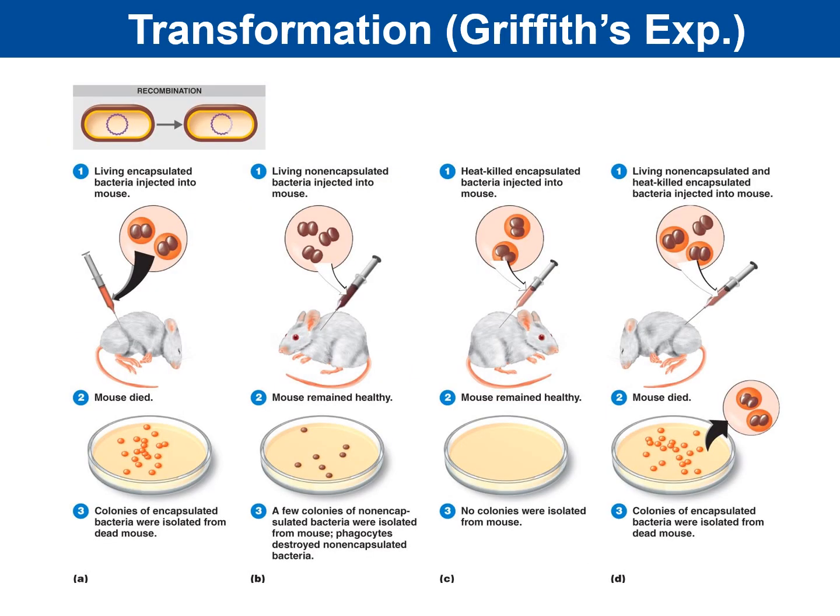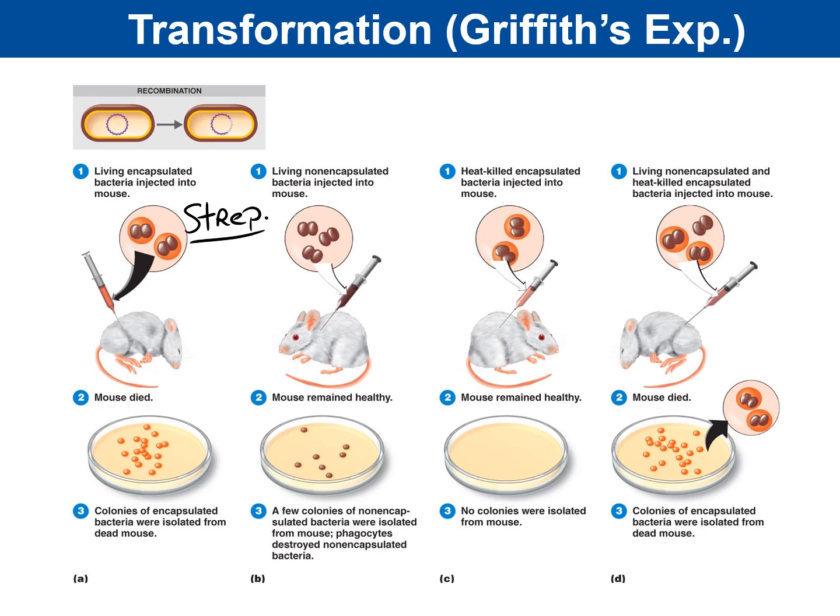Transformation was first discovered and described when a man by the name of Frederick Griffith performed a famous experiment, now known as Griffith's experiment, all the way back in 1928. He was researching a possible vaccination for the most common form of bacterial pneumonia caused by an organism called Streptococcus pneumoniae.